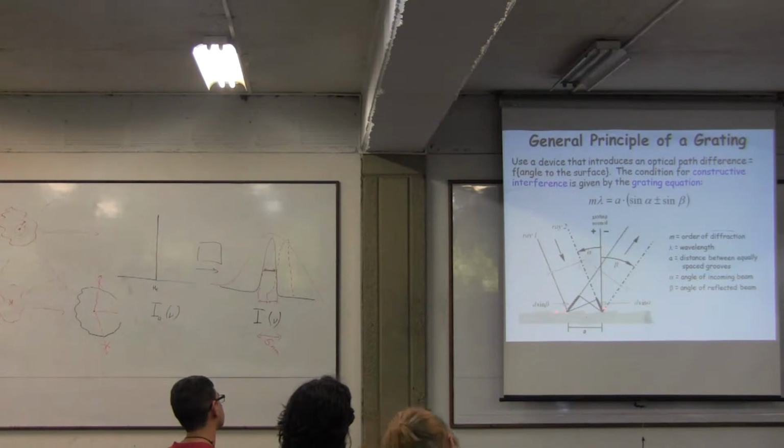And the period of these variations, or the distance between the grating grooves, grooves being the channels that someone etched in, is A. And so if this A times the sine of the incoming angle plus the sine of the angle of the reflected beam is a multiple of the wavelength, where m is just an integer number that is essentially the order of the diffraction, then you have constructive interference.